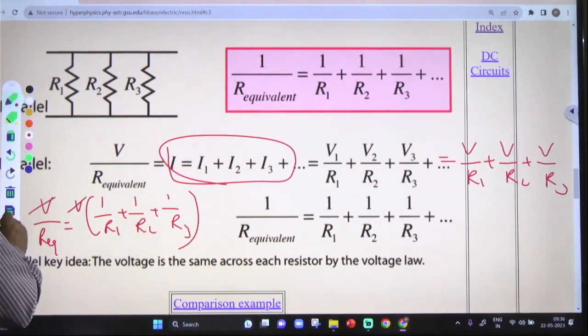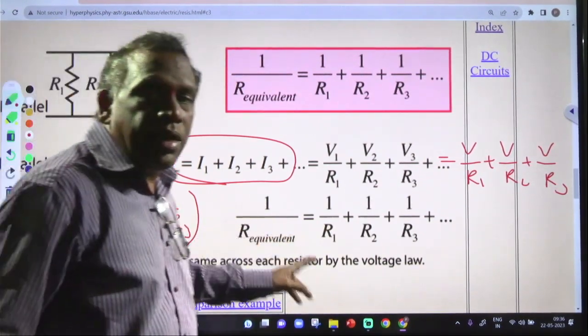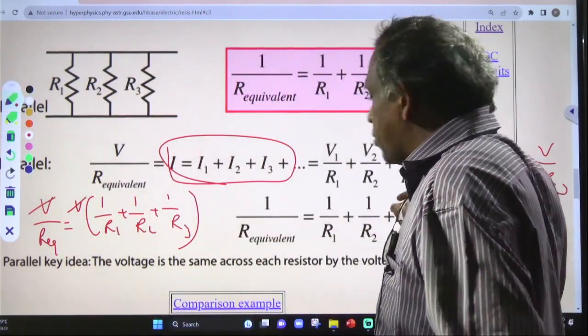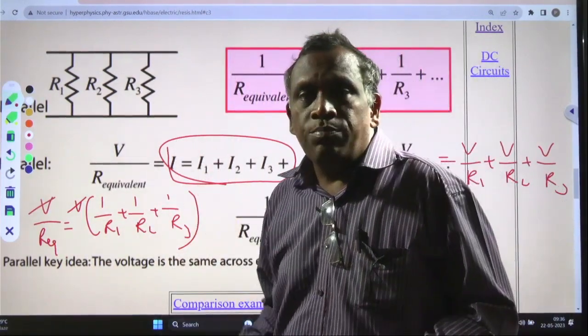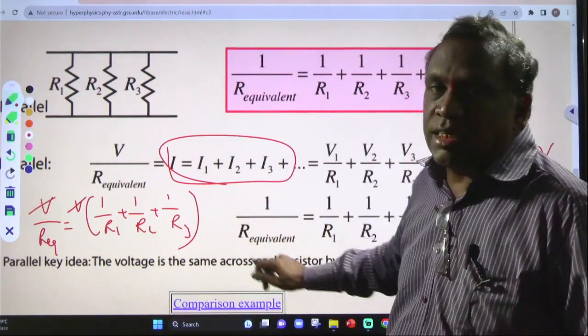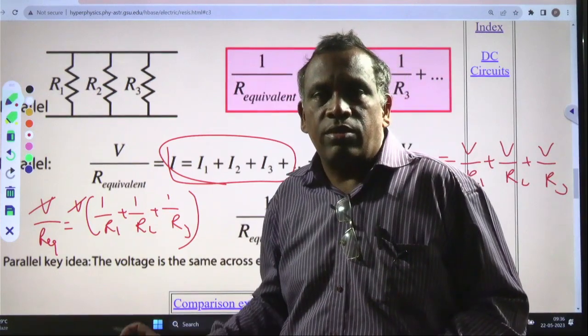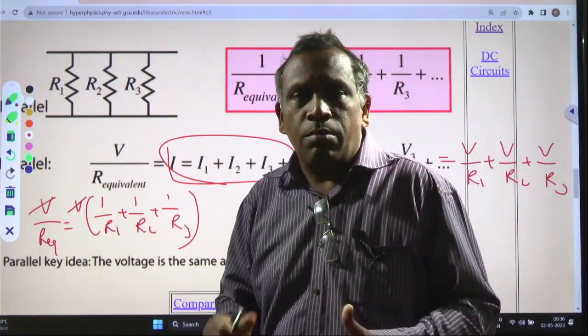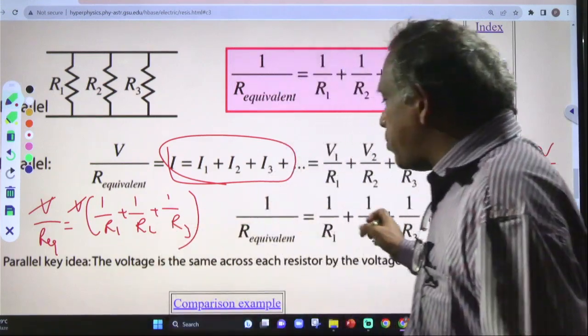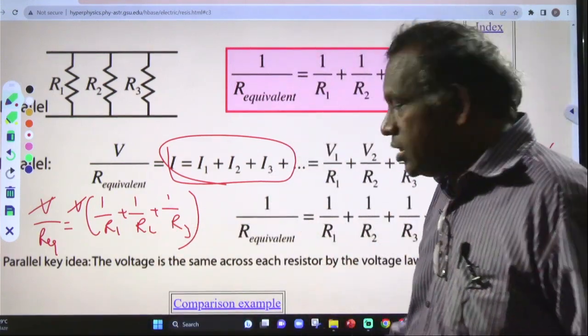See, V gets cancelled. That's what I am telling. 1 by R equivalent is equal to 1 by R1 plus 1 by R2 plus 1 by R3 and so on. It means the reciprocal of effective resistance is equal to the sum of reciprocals of individual resistances.